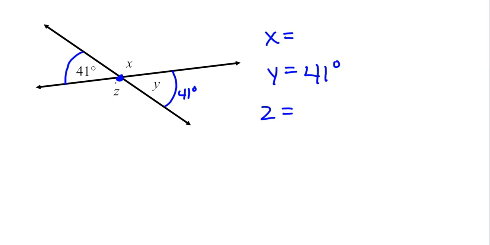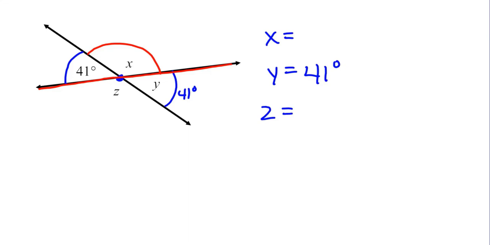Now how do I find x and z? Well, we're going to have to go back to what we've learned before about angle relationships. What's special about these two angles right here, the x and the 41? You'll see that they form a straight angle. What do we call that? Those are supplementary angles.